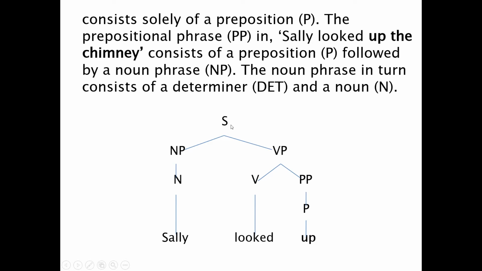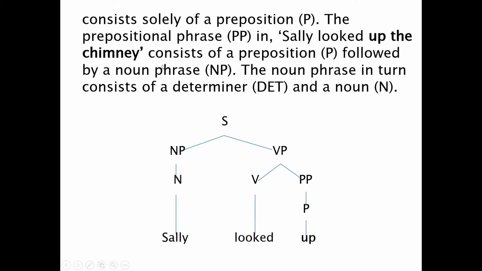The prepositional phrase in Sally looked up the chimney, so we have up the chimney. That is a prep phrase. It's like when I say the book is on the table, so on the table is a prep phrase.